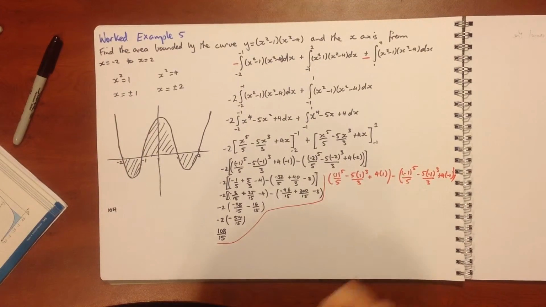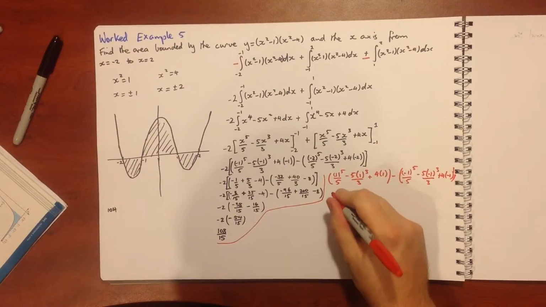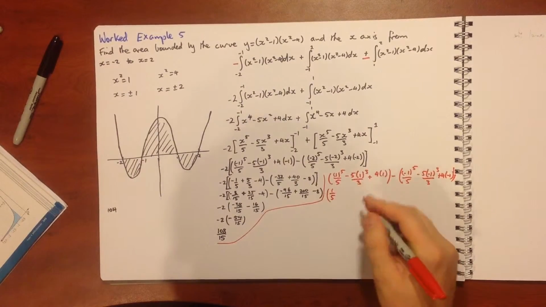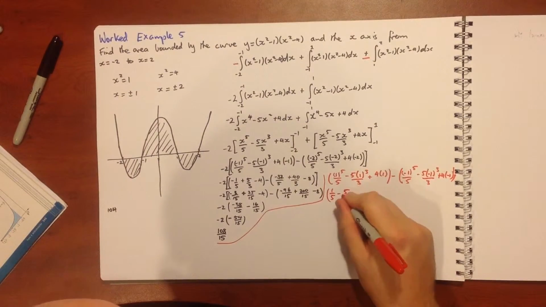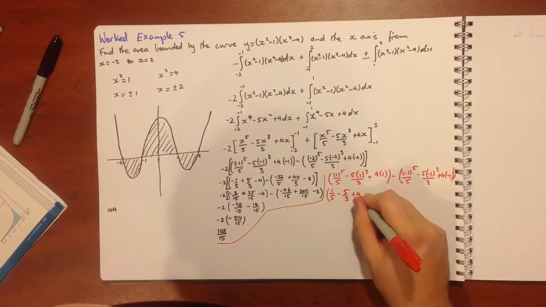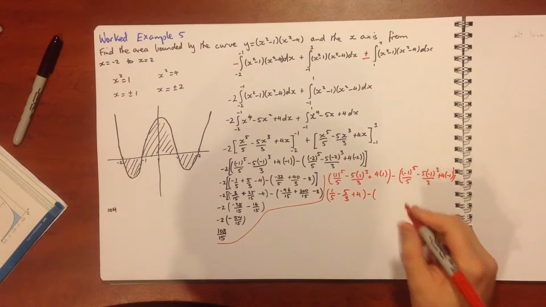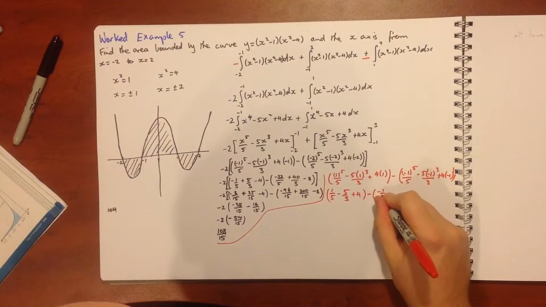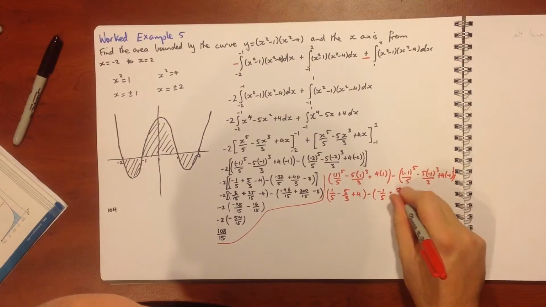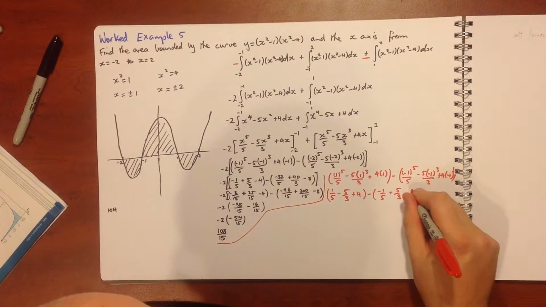So we've got 1 to the 5 is 1 on 5, so we've got 1 on 5 minus 5 on 3 plus 4, minus 1 on 5 plus 5 on 3 minus 4.